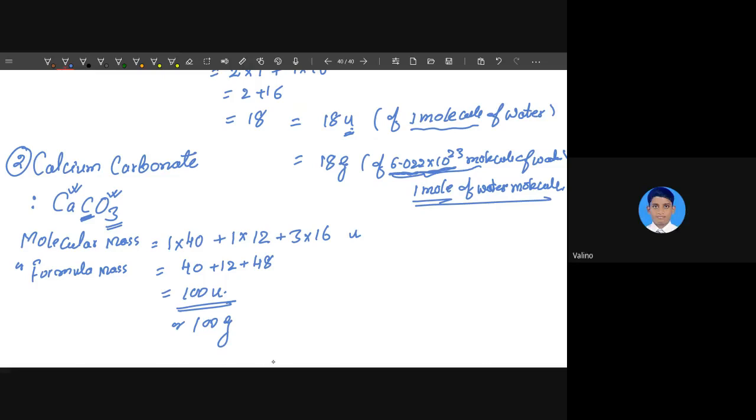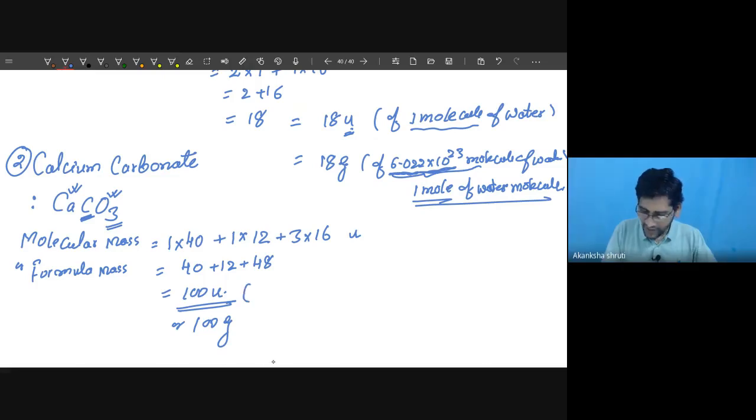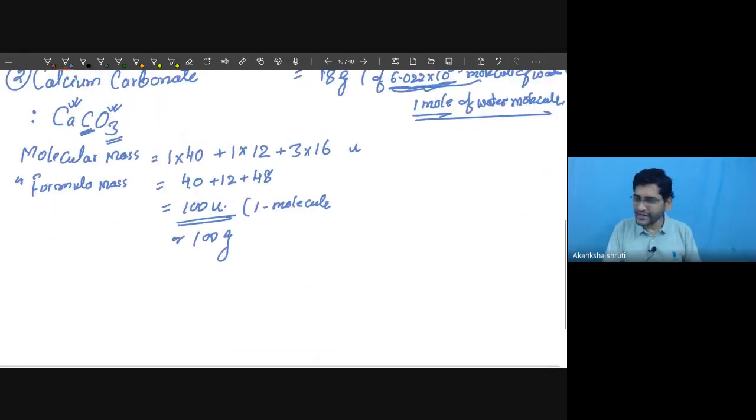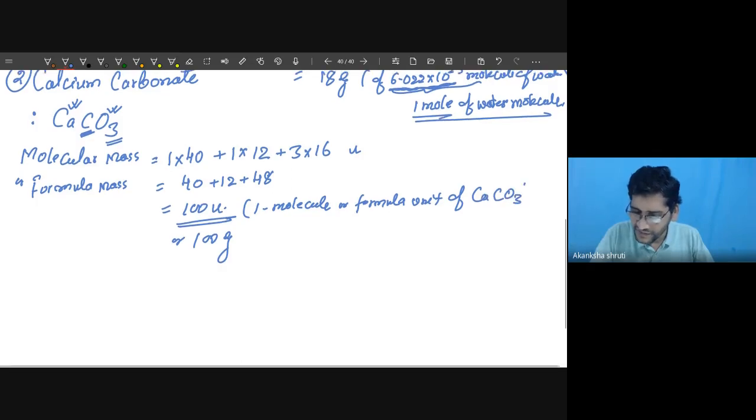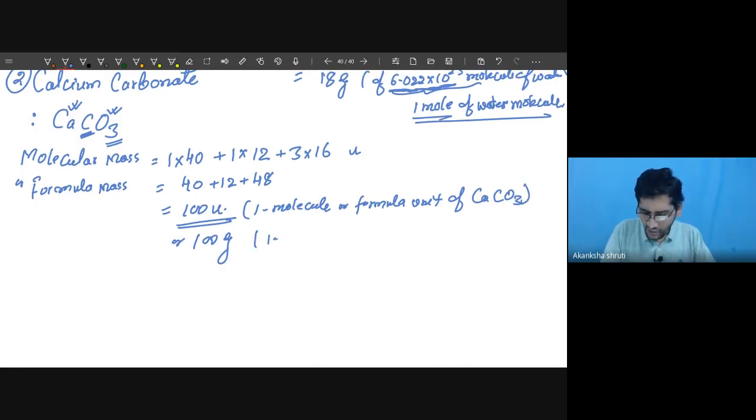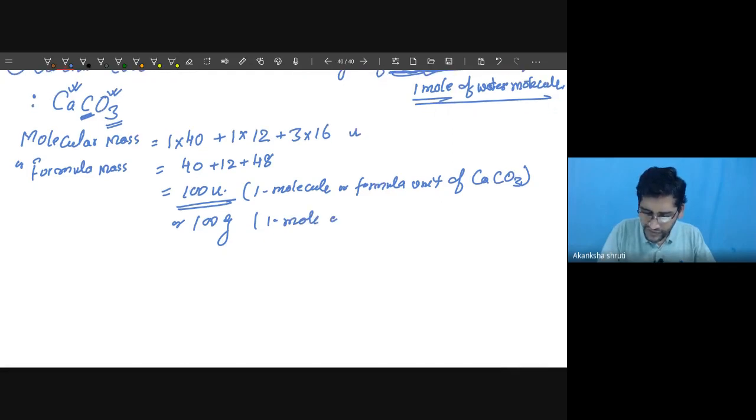This is for 1 molecule, or 1 formula unit. Sometimes calcium carbonate, since it is ionic, containing positive and negative ions, is also called a formula unit. So one formula unit or one molecule of CaCO3 is 100 u, and 1 mole of CaCO3 is 100 g.